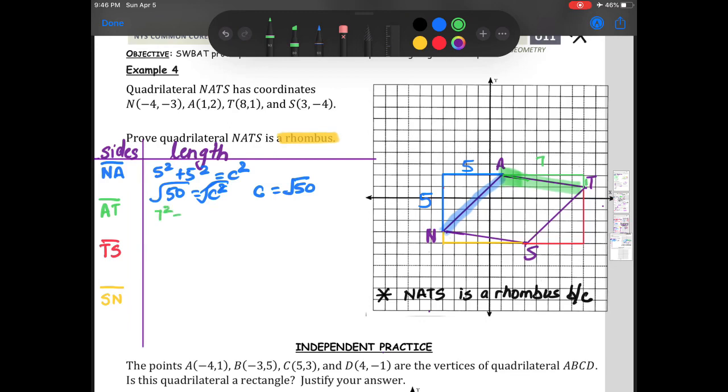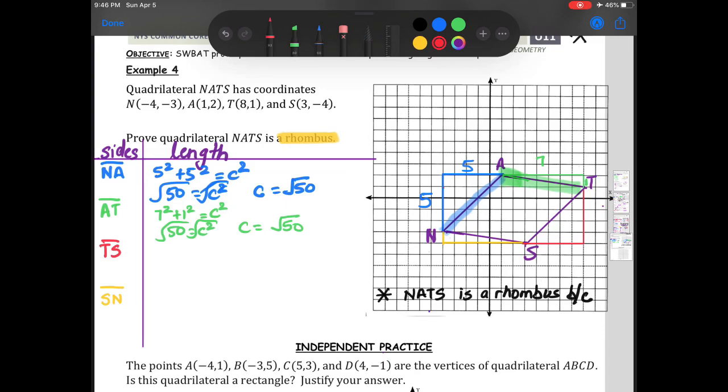So 7 squared plus 1 squared equals c squared. 50 equals c squared. Take the square root. c is equal to square root of 50. Do you see? Two of them are the same. Hopefully we get TS and SN the same. They should be the same. If you don't get them the same, then you know that you made a mistake.